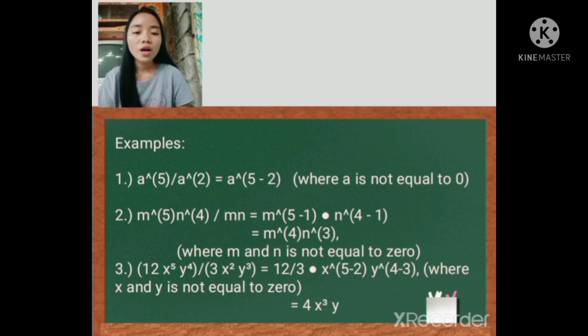So 12 over 3 equals 4, and x to the power of 5 minus 2, we have x cubed, and y to the power of 4 minus 3, we have y to the power of 1, or y, which already has an exponent of 1.